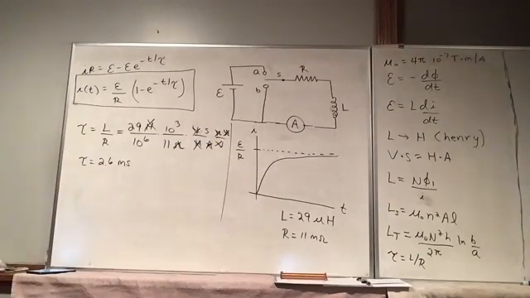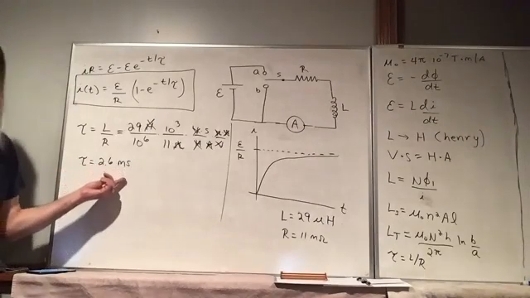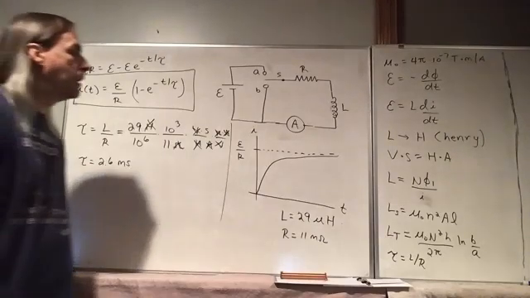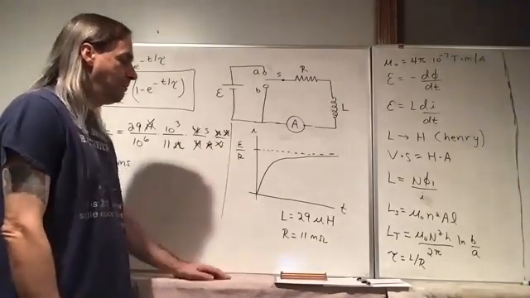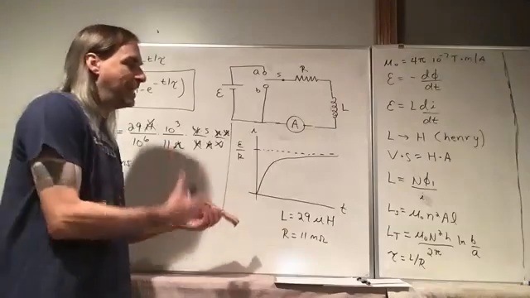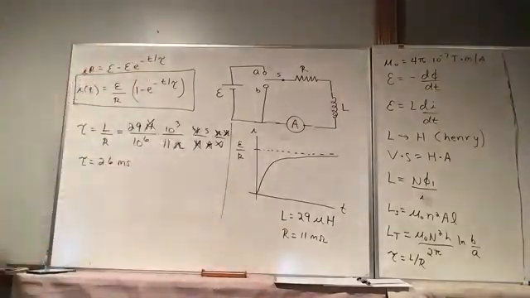It's going to take several time constants to reach its maximum current, but even 10 time constants would be 26 milliseconds or 0.03 seconds. So again, that's going to happen in a blink of an eye.